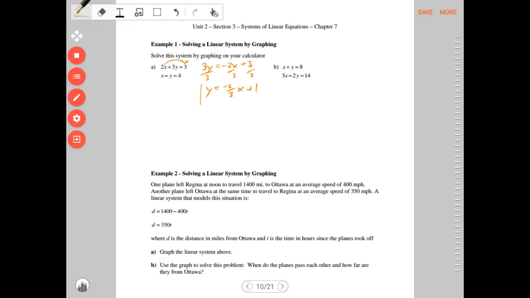That's our first equation. For the second one, if the x moves across, we get -y equals -x plus 4, and then we have to divide by -1, because our calculators don't graph negative y's, they just graph y's. So the two negatives cancel, and you get y equals x minus 4. There's the other graph.